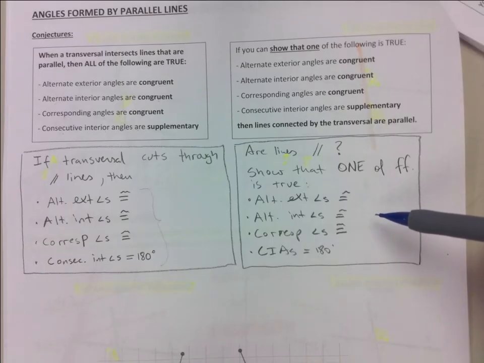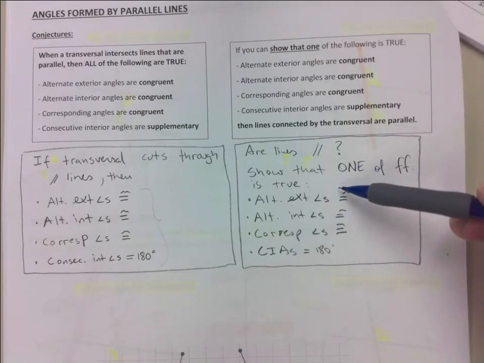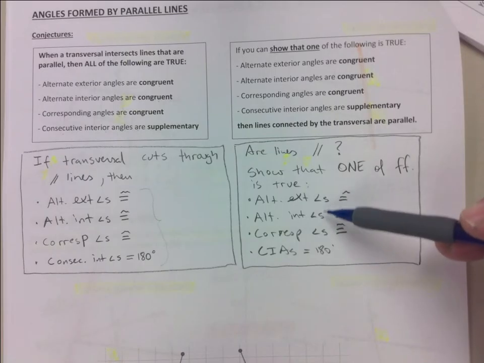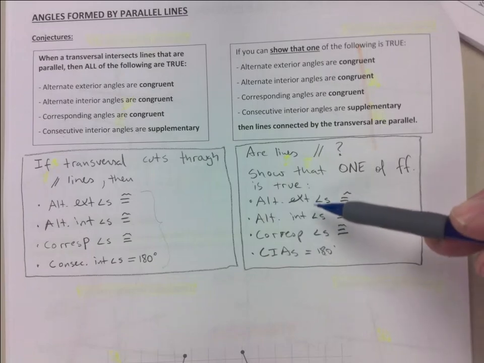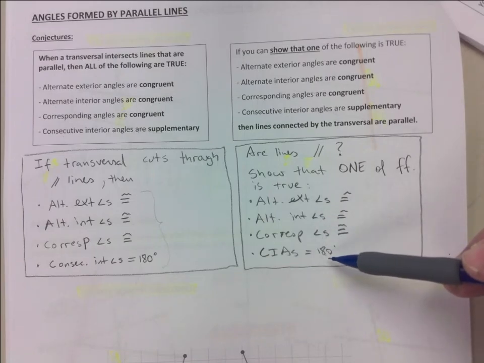If angles along a straight line add up to 180, that doesn't show me that lines are parallel. It's one of these four that you have to prove is applicable, then you've determined whether or not lines are parallel, okay?